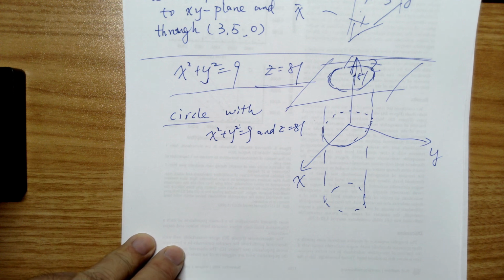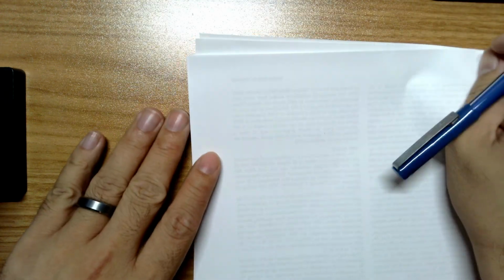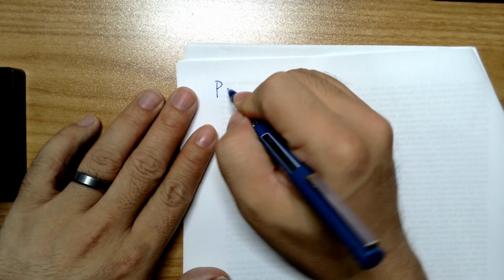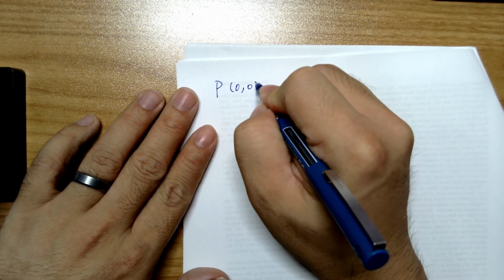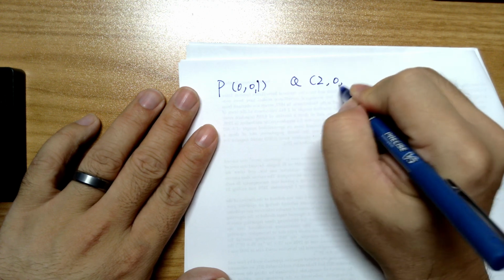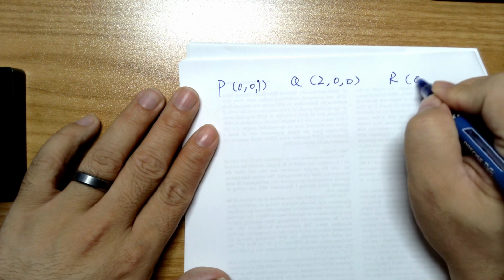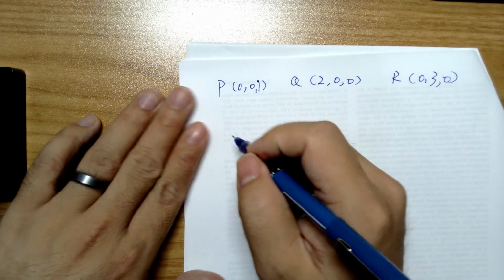And continue. All right, so the next one is, given a point P (0, 0, 1), Q (2, 0, 0), R (0, 3, 0).